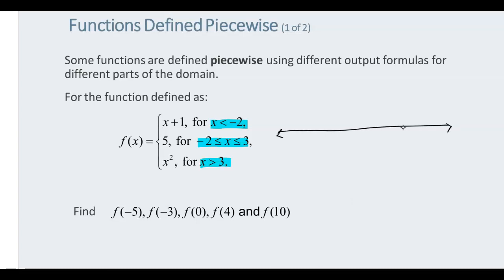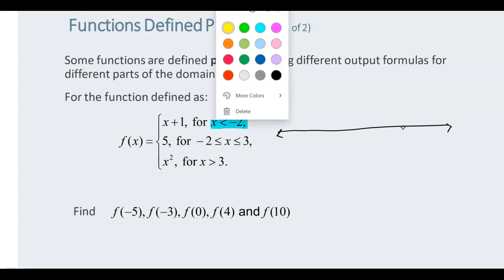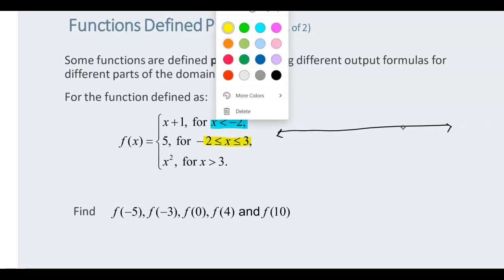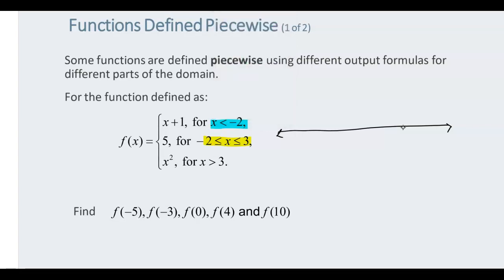going from, actually, why don't I do these in different colors? Let's do this in yellow. And we'll do this in green. Okay. So we're going from negative infinity up to -2.